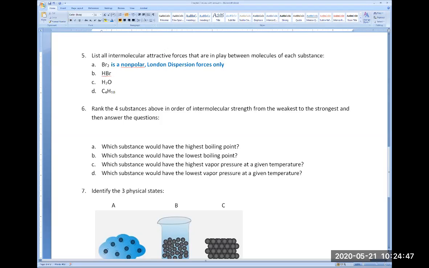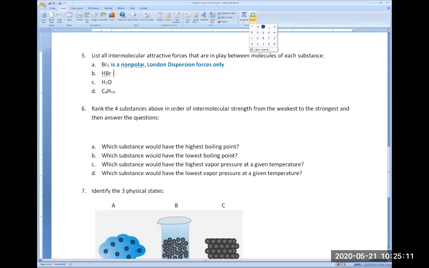Okay, so let's move on to HBr. It's a good idea to decide right from the start if it's a polar molecule or not. So look at the electronegativity difference between H and Br.